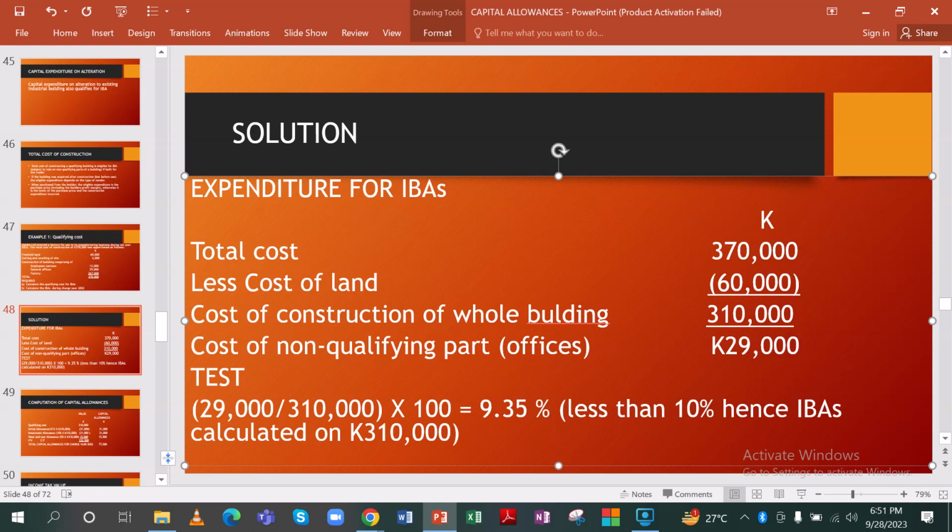Had it been more than 10%, we would have further deducted 29,000 from 310. But this is not the case, because 29,000 is 9.35%, less than 10%. So we just ignore it and concentrate on 310 as the qualifying cost finally for capital allowances purposes.